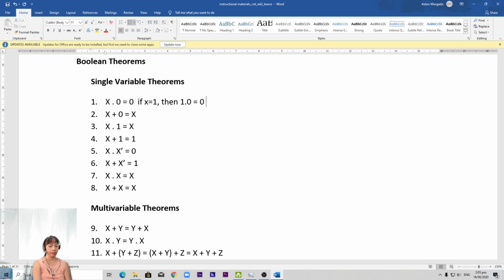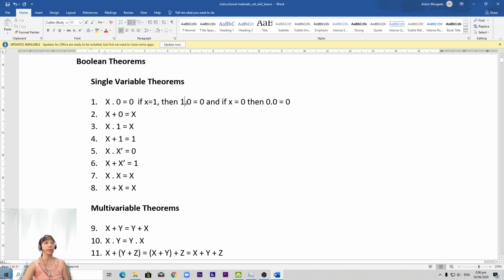And if x is equal to 0, then 0 times 0 is still equal to 0. So the multiplication is represented by a dot here. Okay, so we have a dot to represent multiply. So for number 1, any number multiplied by 0 is 0.